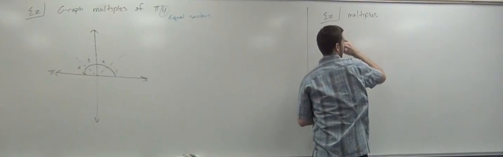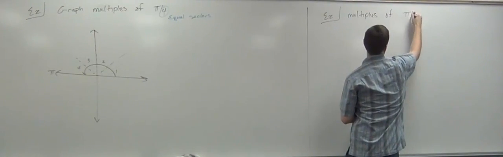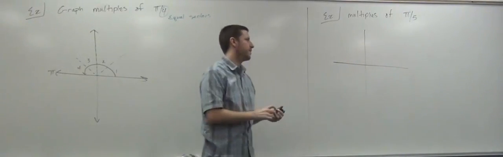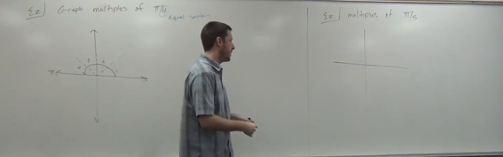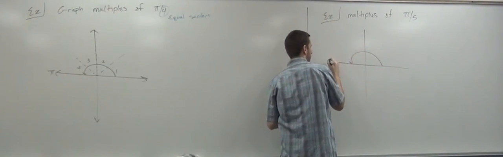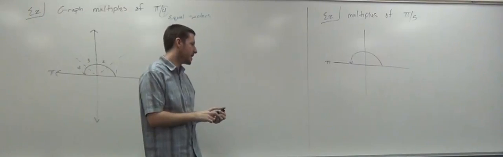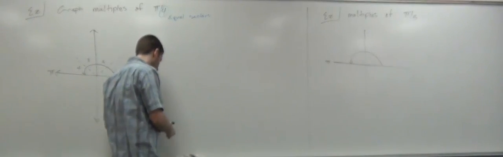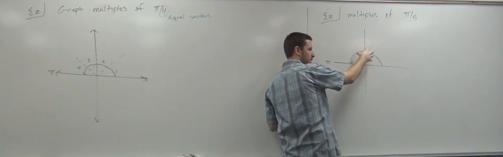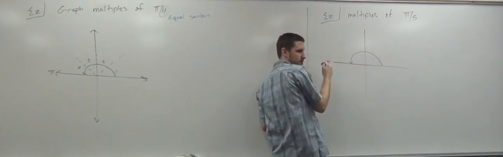And so sort of in an alternate universe, maybe you hate 4. We want to do pi over 5. If you want to graph multiples of pi over 5, like 2 pi over 5, 3 pi over 5, etc., you'll start with pi, which is a half rotation, and you'll break it into 5 equal sectors. But if you're going to break this half rotation into 5 equal sectors, you're not going to land here.